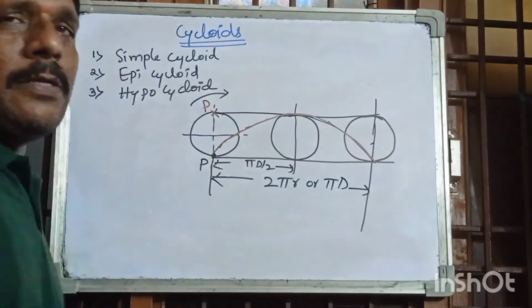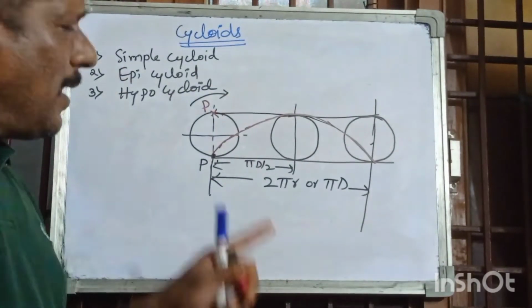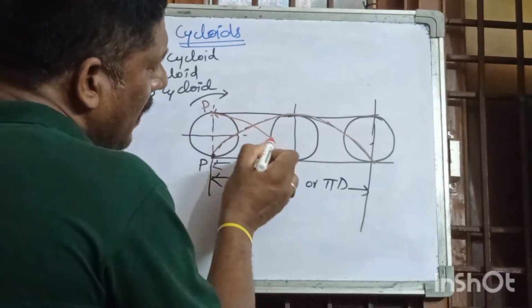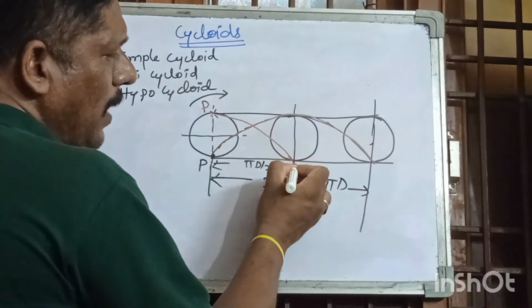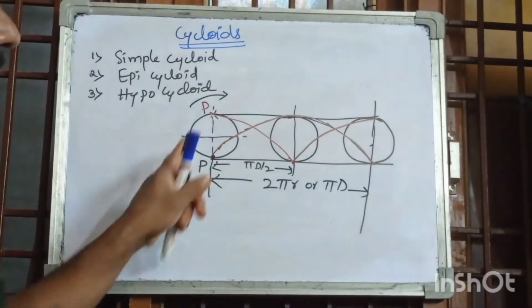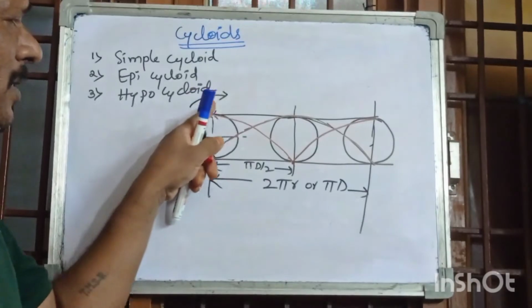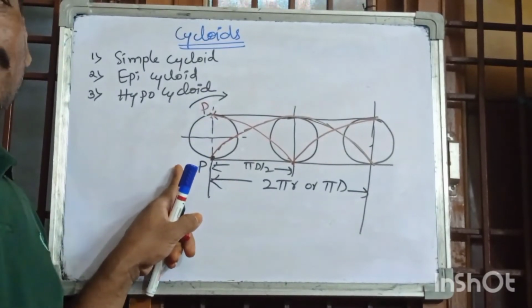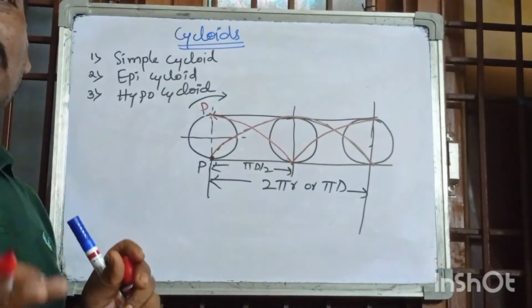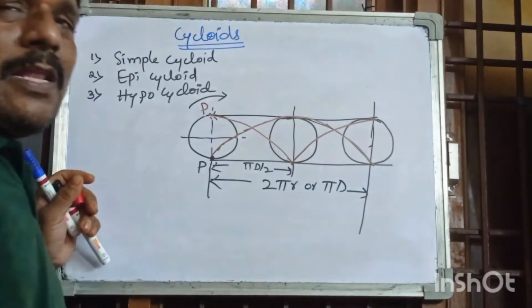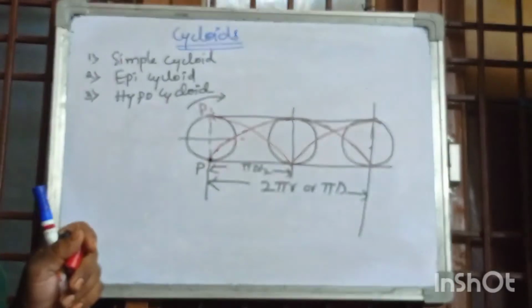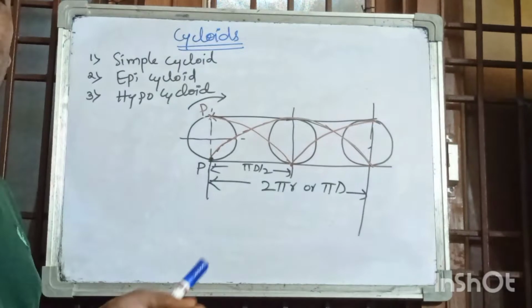If the generating point is taken at the topmost point, then the curve comes like that, ends here at the middle point, and from this point goes like that. How the curve forms depends upon the starting point taken. If the examination only asks to draw the cycloidal curve and the diameter of the circle is given, you can take the point P here and go like that. Simple process. This is simple cycloid.